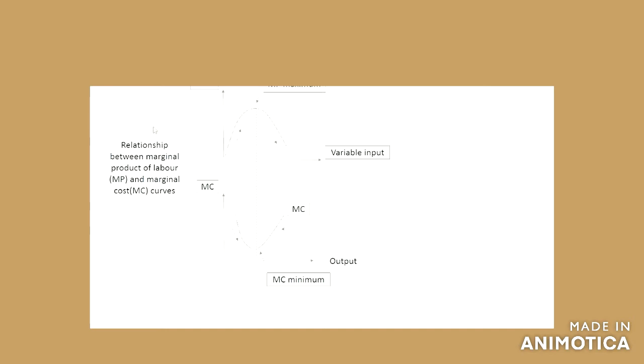So it will make a U-shaped curve. Marginal cost decreases due to spreading of fixed costs. So both MP maximum and MC minimum will have a better proportion. So yeah, it's a U-shaped curve. So this is the relationship between them.